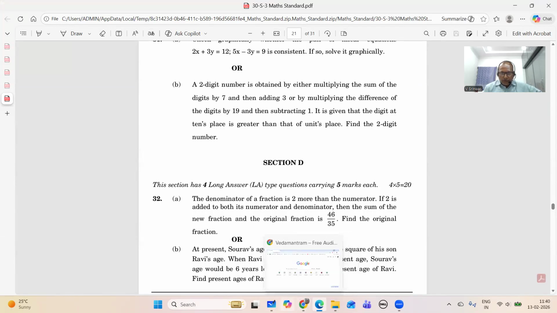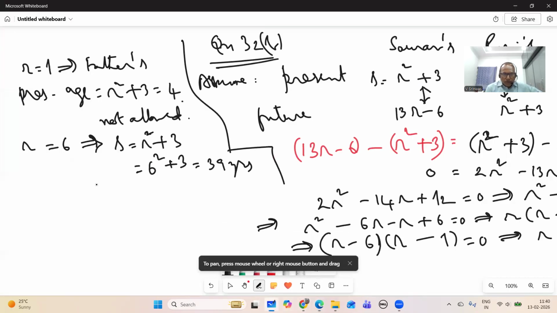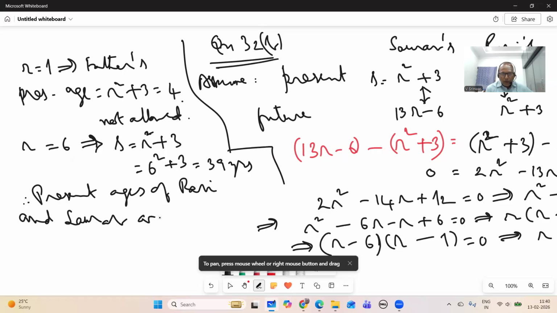Ravi and Saurav, we want their ages. Therefore, the ages of Ravi and Saurav are 6 and 39 respectively.